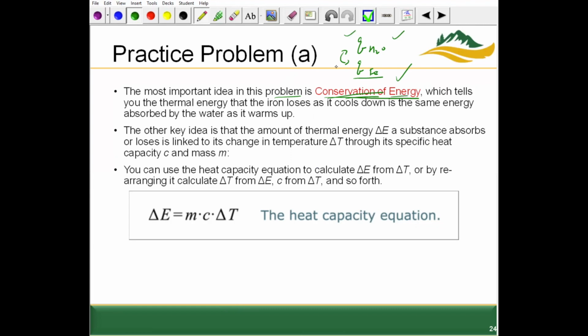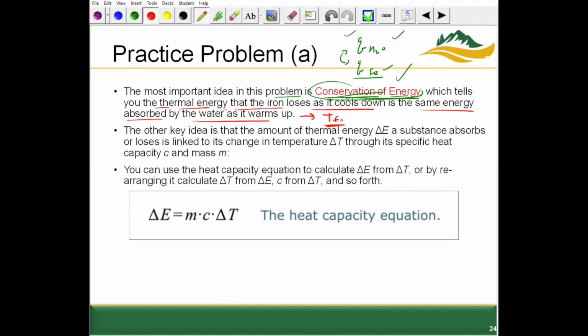If water loses energy, iron has to gain that energy. We have to conserve energy. It can't just be created out of nowhere. Here, this tells us the thermal energy that the iron loses as it cools down is the same energy absorbed by the water as it warms up until they reach that same final temperature.